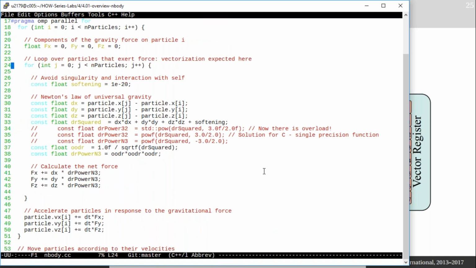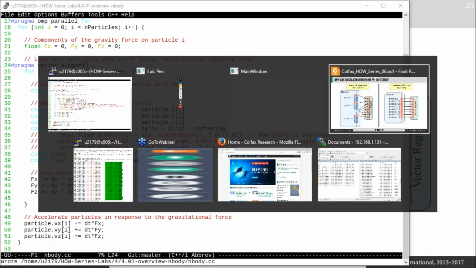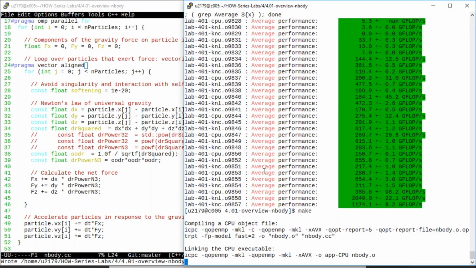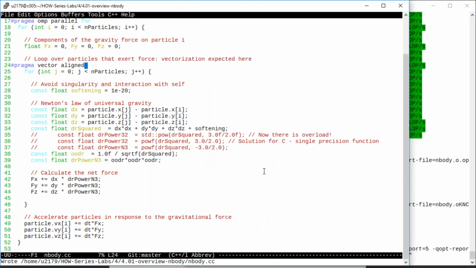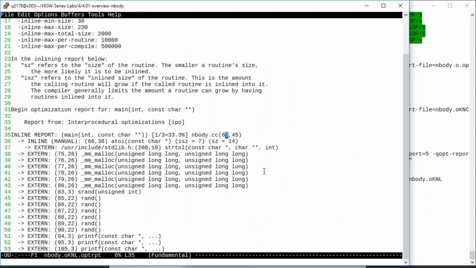For step 2, I will insert pragma vector aligned. What this does is it tells the compiler to remove the peel loop because we know we can guarantee that it will not be needed at runtime. And indeed, after compilation, you will find that the peel loop is gone from the optimization report.